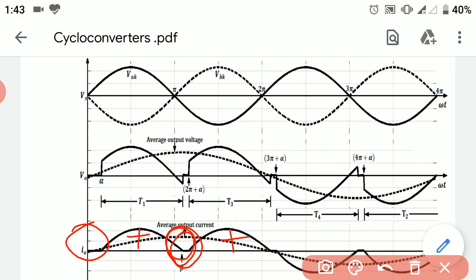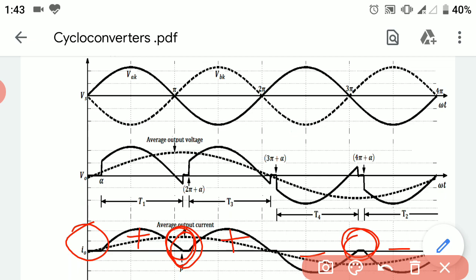This also occurs during two negative half cycles, where there is an instant when no negative current flows through the load. During these instants the output current is actually zero. So there is a discontinuity in output current between these half cycles.